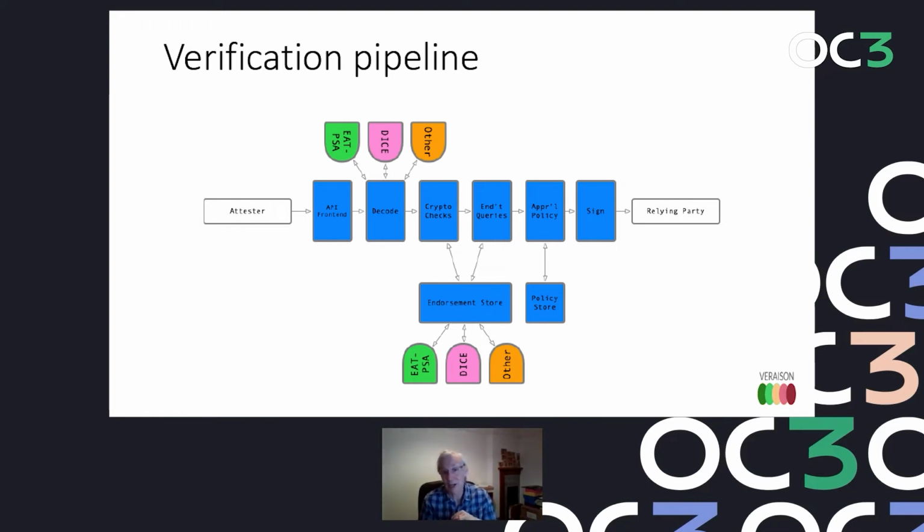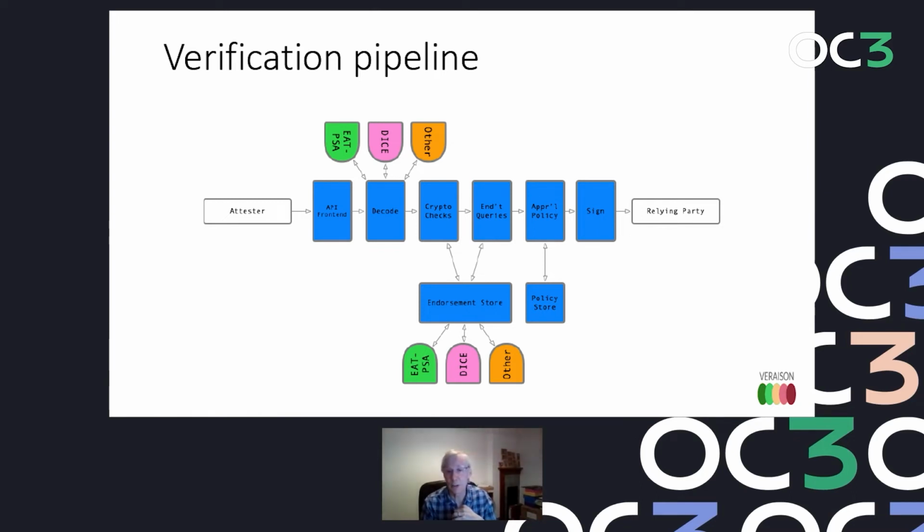So, if I've got a claim and it has a measurement in it, what I really need to know is that it is a known measurement, and pieces like that. And this flows down the pipeline until it gets to some set of attestation results, which can be signed and returned to the caller, the relying party caller who has submitted the request for verification.